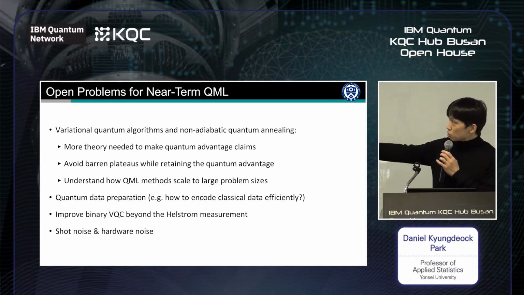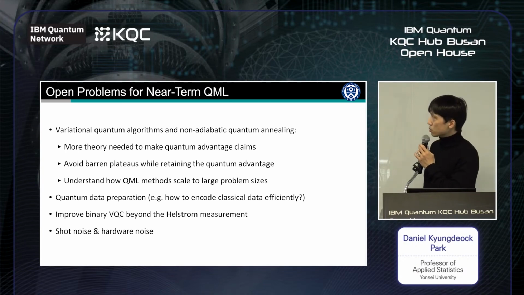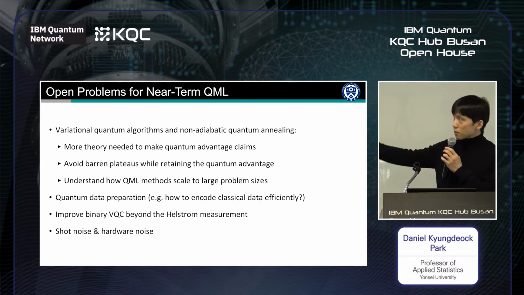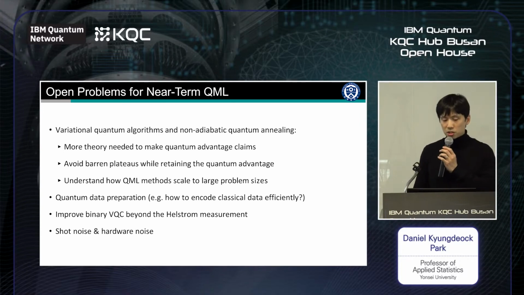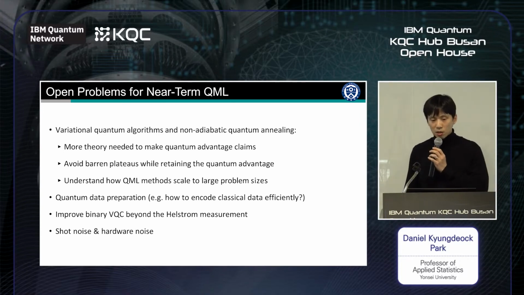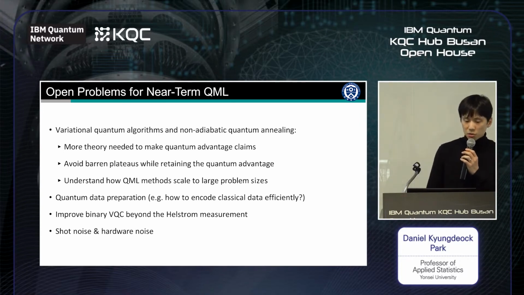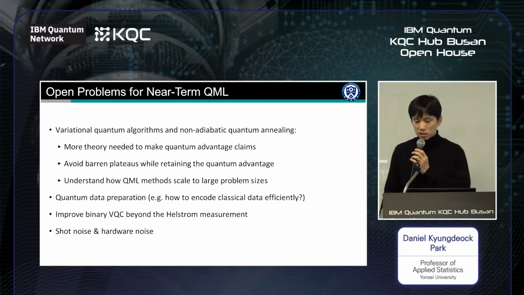We also need to avoid the barren plateaus effect while retaining the quantum advantage. And a lot of results are given under empirical studies, so it's important to understand how quantum machine learning methods scale to large problem sizes.